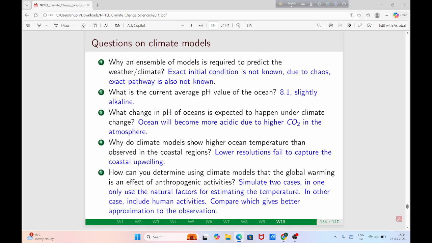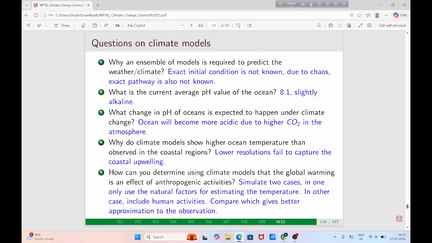Now the next question is, how can you determine, using climate models, that global warming is a real effect, so it is really happening due to human activities? So for that it is very easy. You have the model, so you have the control in the model, you can control different factors that contribute to the model.